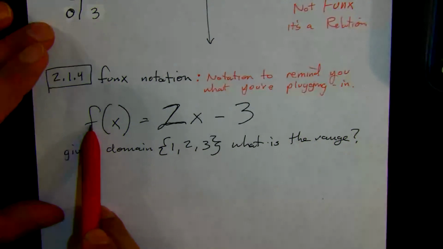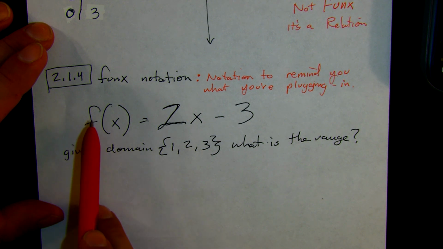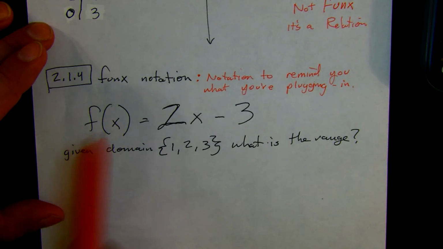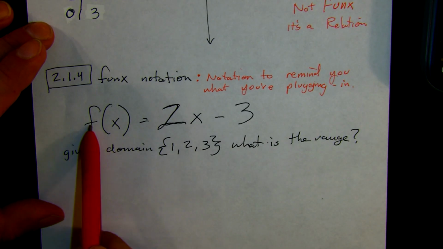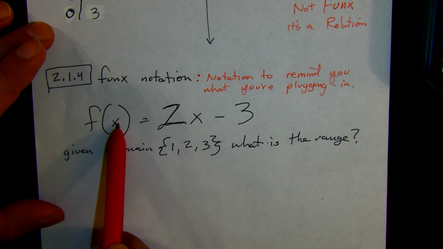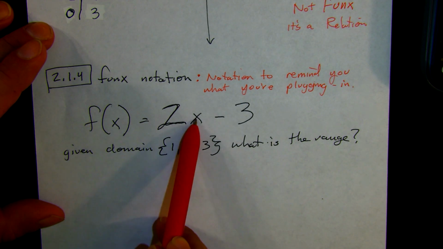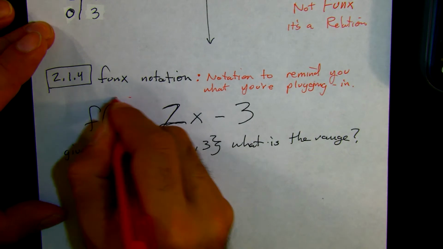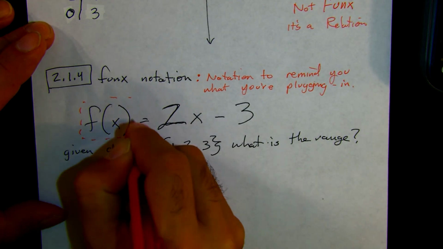Okay. So here's the thing. This right here, f, this is actually the key point. If you're a little distracted by something else, really focus up here. This is the key crux of the hard part. This is not f times x in the same way that this is 2 times x.